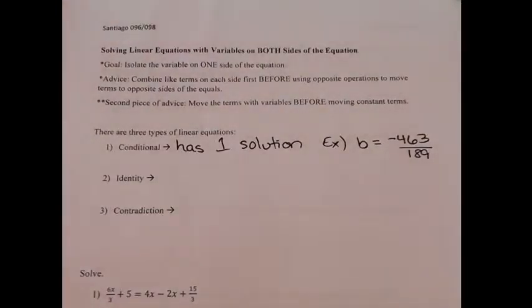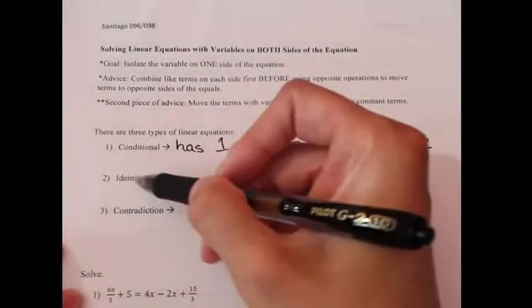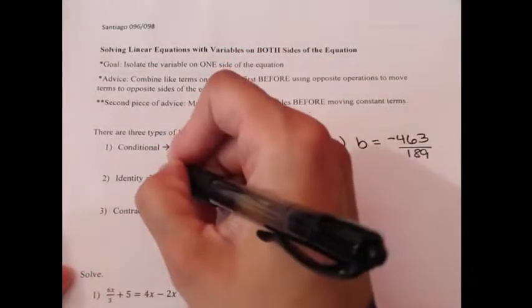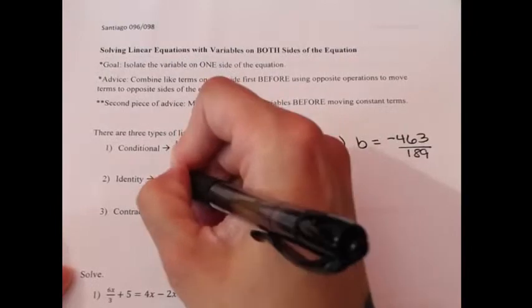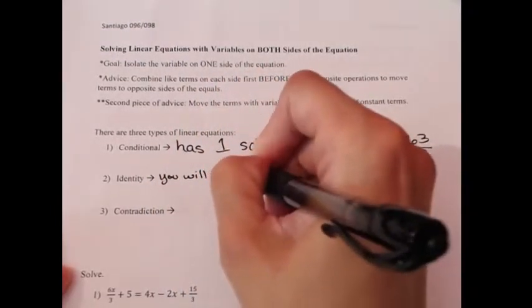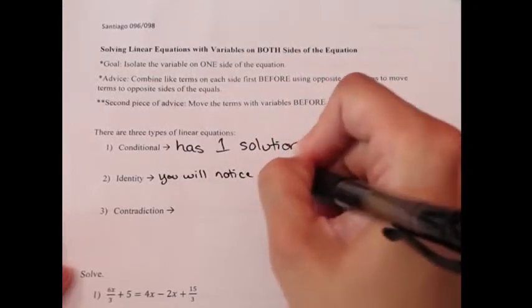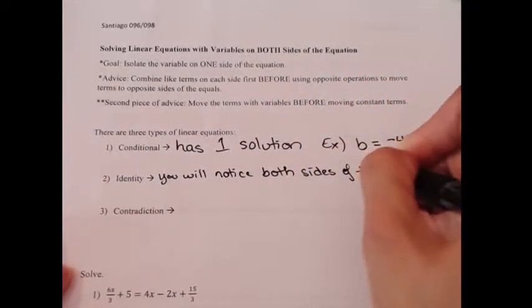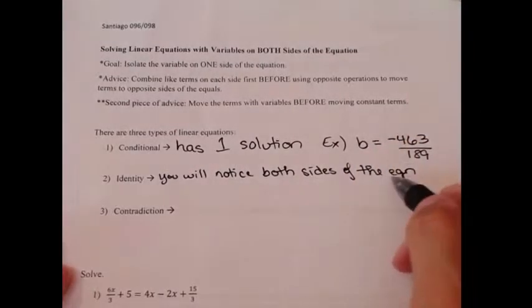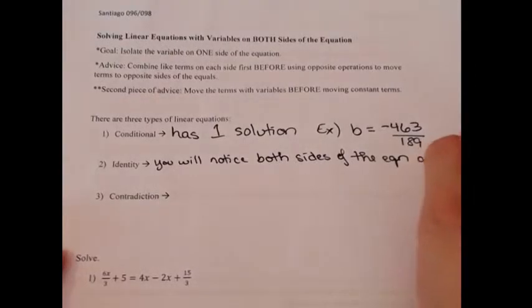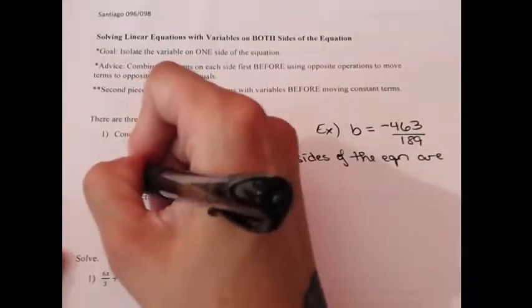We have one called an identity. When you have an identity, essentially the way you can identify this is you will notice both sides of the equation are identical.